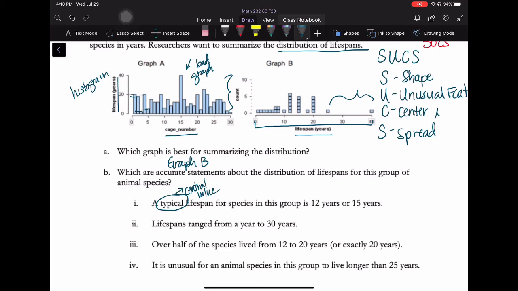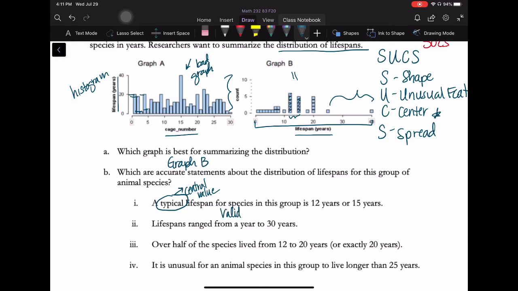Remember when I said we're talking about a distribution, we said center. Let's get used to using the word typical with that. We're looking for 12 or 15 years. So here's 10, here's 20. That's about 12 to 15, and there's 1, 2, 3, 4, 5, 6, 7, 8, 9, 10, 11 of those that are 12 to 15. That's about in the center. I would say that that's valid.